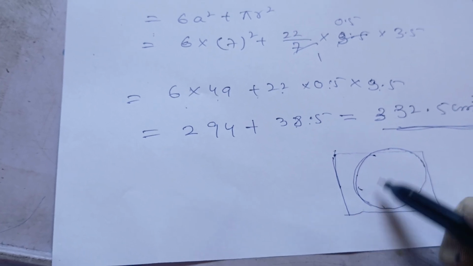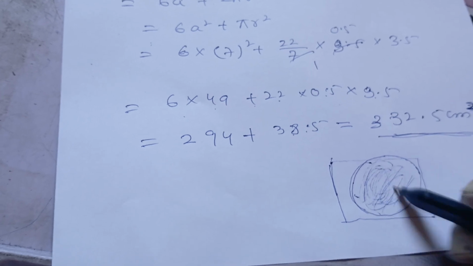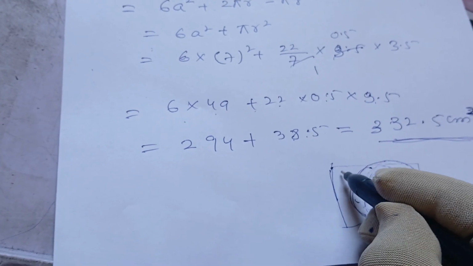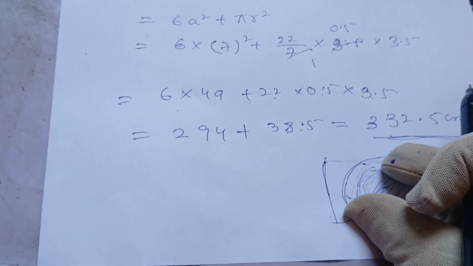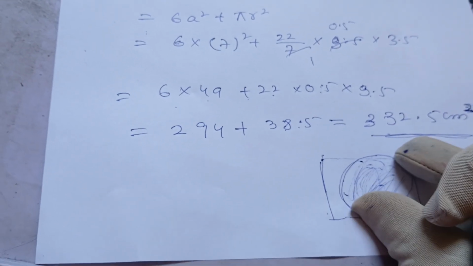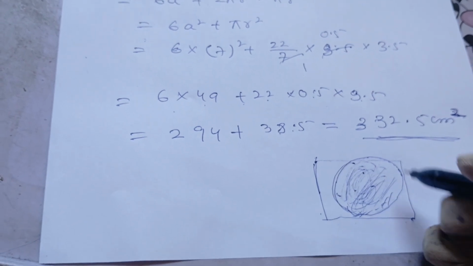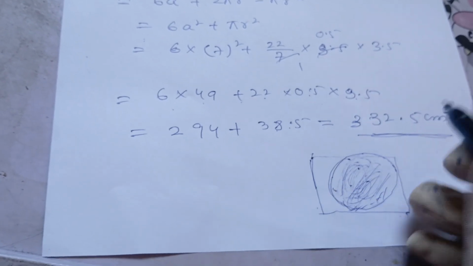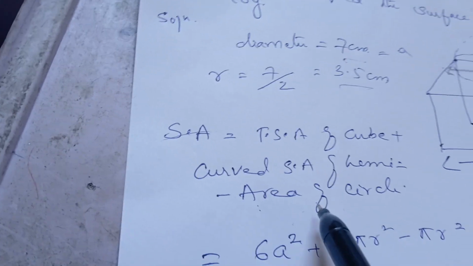So this part of the cube is hidden, you can see only the hemisphere. This part should be removed from the total surface area of the cube. Clear? Already this is occupied by the hemisphere, so we have to subtract this circular part, this much area of a circle, from the total surface area of the cube. Hope you understand that.